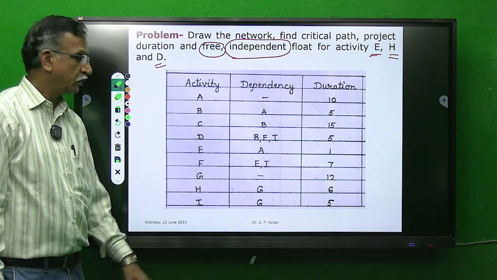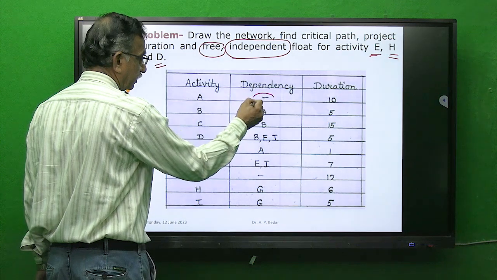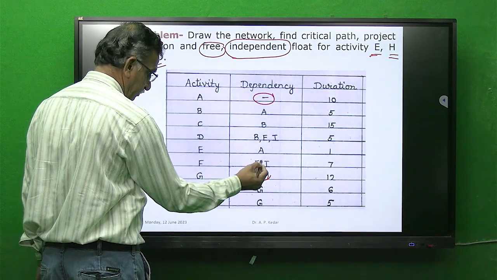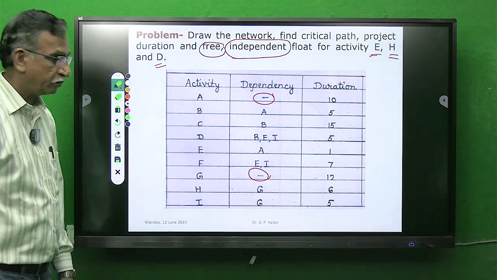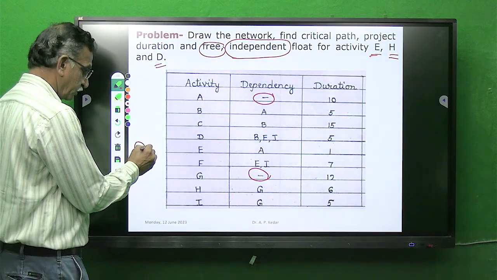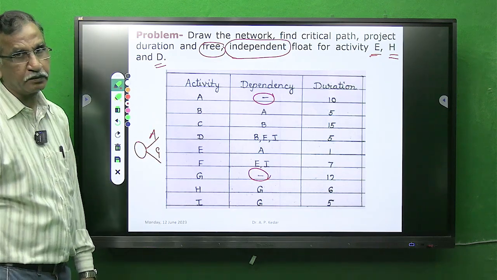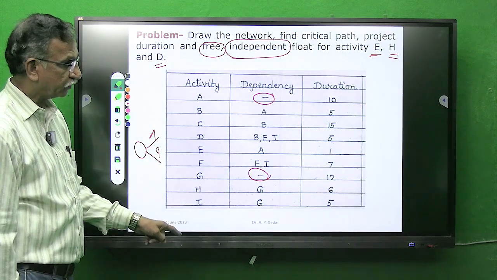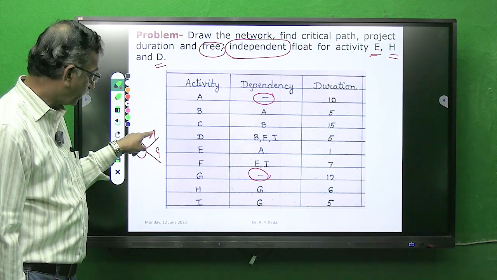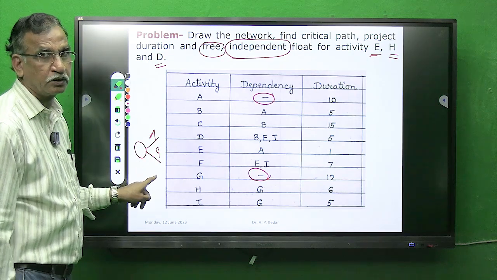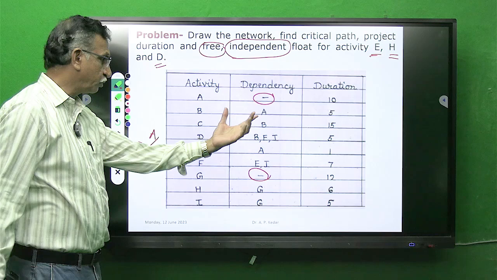9 activities. Now in the 9 activities, see here activity A and activity G have dependency dash. Means, as discussed, these two activities A and G will be starting activities. So you have to start your drawing from A and G like this, and then, looking at it, B depends on A, so we know how to draw logically.